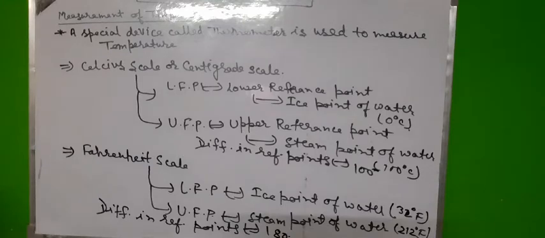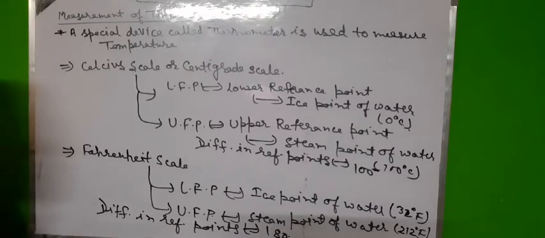So there are 100 equal intervals between the two reference points in the Celsius scale, and 180 equal intervals between the two reference points in the Fahrenheit scale. Now dear students, we will discuss the different scales to measure temperature.